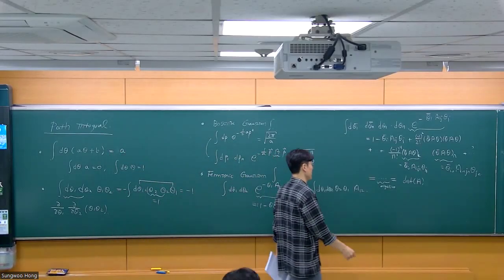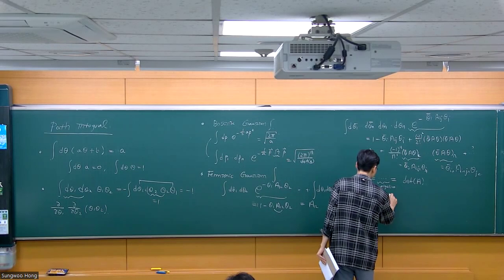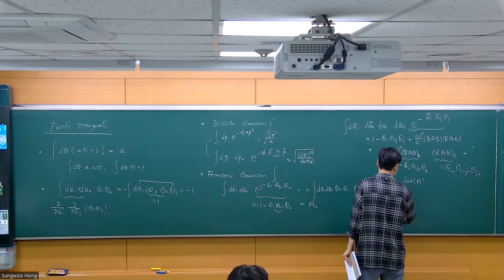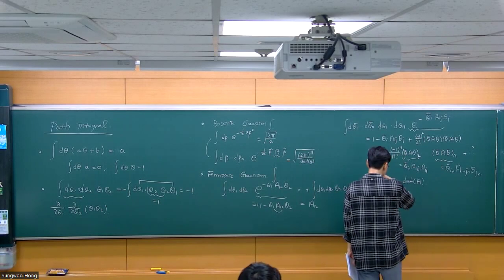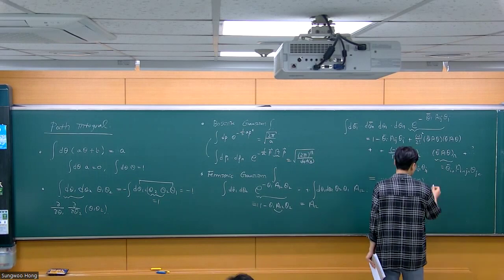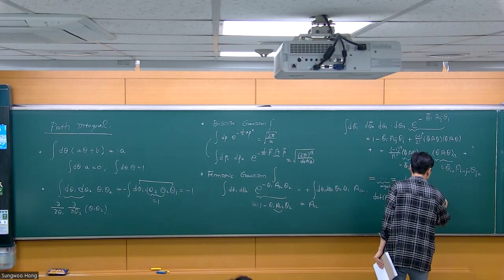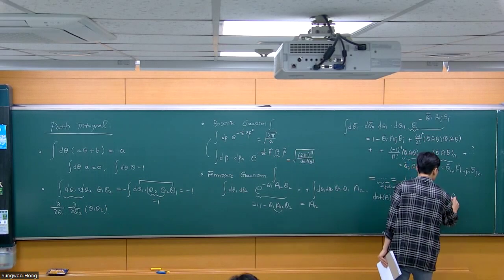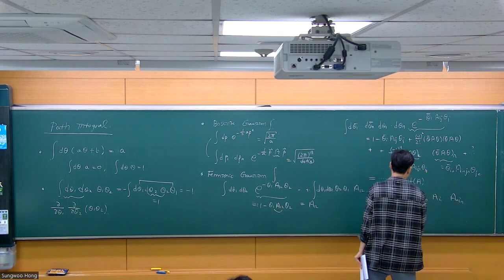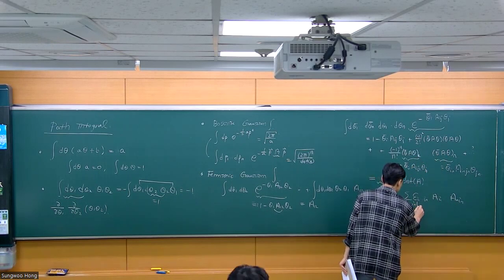So to check this, you want to use the definition of determinant, which is either epsilon I1 to IN, then if you have some matrix entry, in this case let me use A I1 to 1, IN to n, and then you have to sum over all possible permutations of INs.